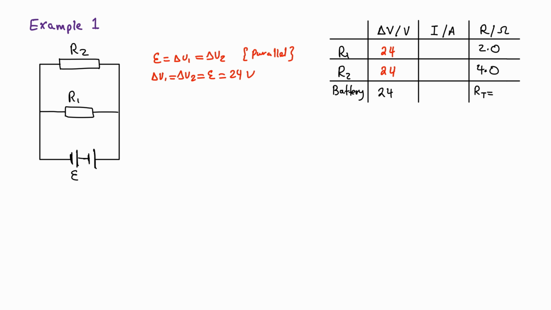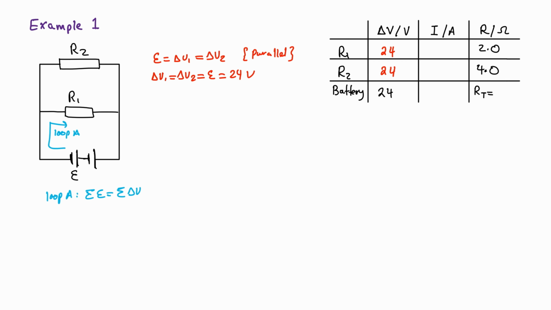If I were to write this using the idea of loops, I would write it as such just to show it to you. Let's say this is loop A. For loop A, the total amount of EMF is equal to the total amount of voltage.